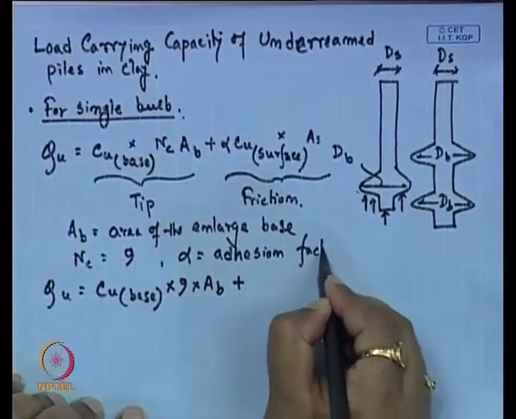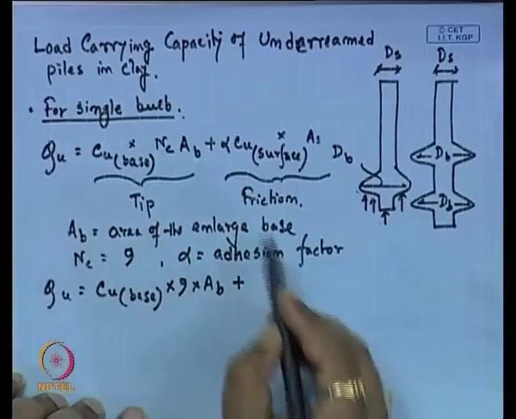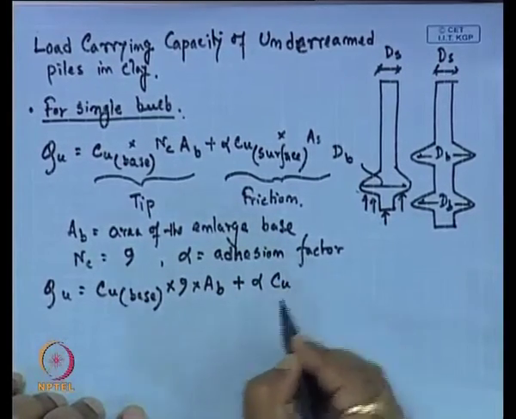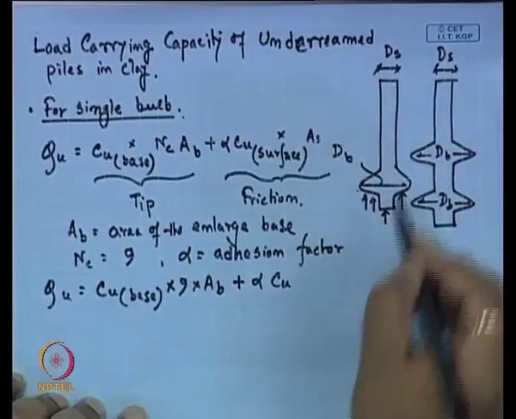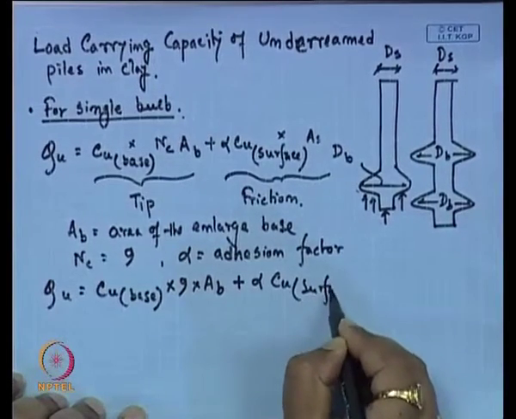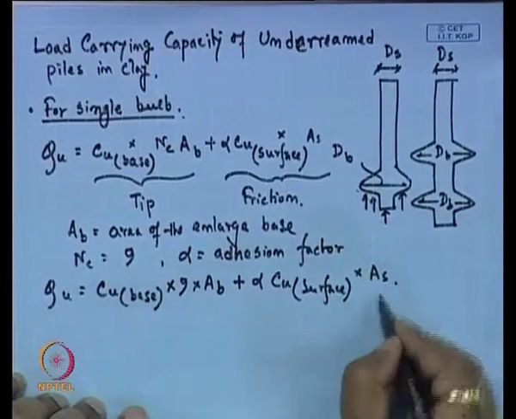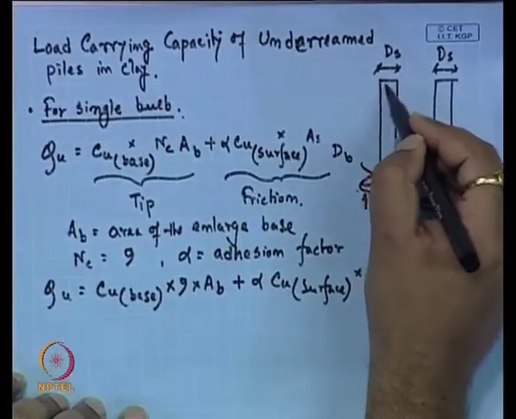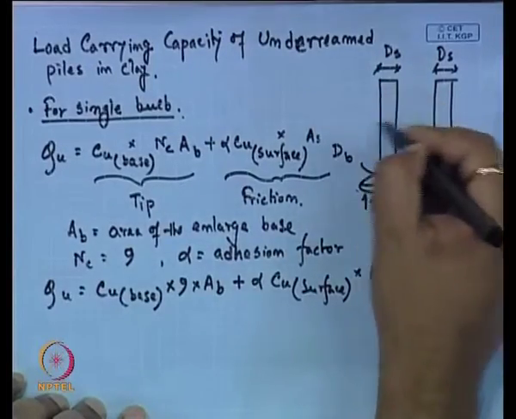This alpha value chart I have already given, so from there we can calculate alpha. C u here is the cohesion at the surface, into A s, the surface area of the pile shaft.